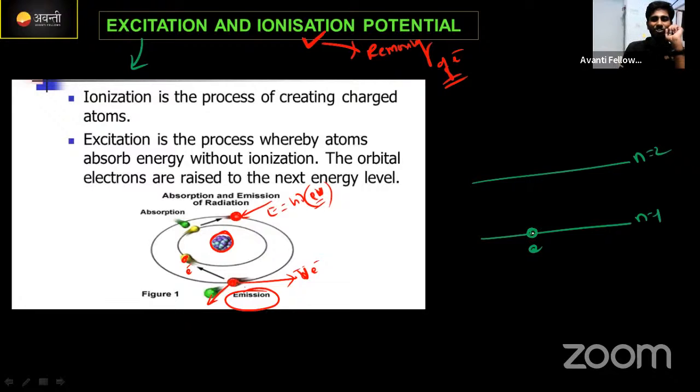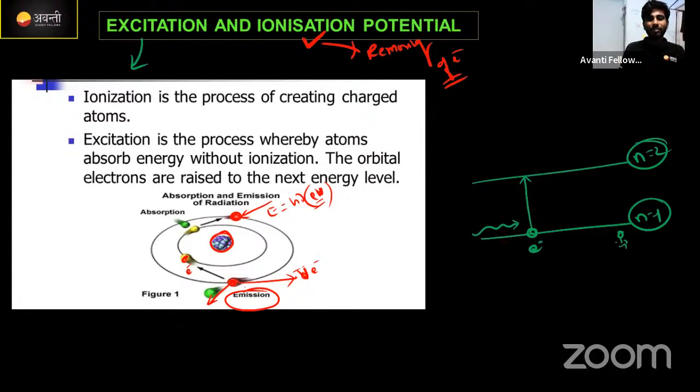If it has to jump to a higher energy state, to N2, suppose this is your house. If you want to go to your neighbor's house or your relative's house, you need some amount of bus charge, correct? You need pocket money. That pocket money your papa and mama give. That is the energy or potential they are giving.